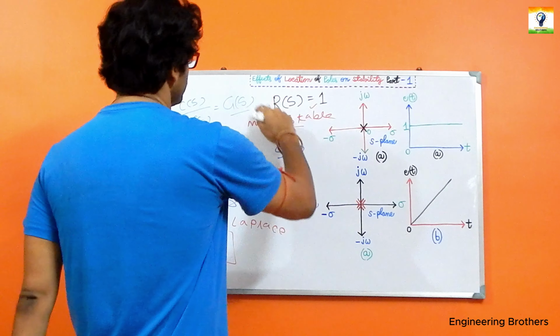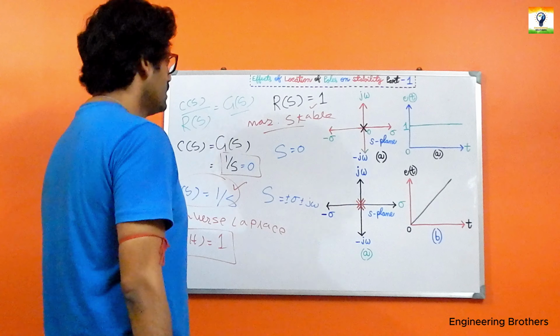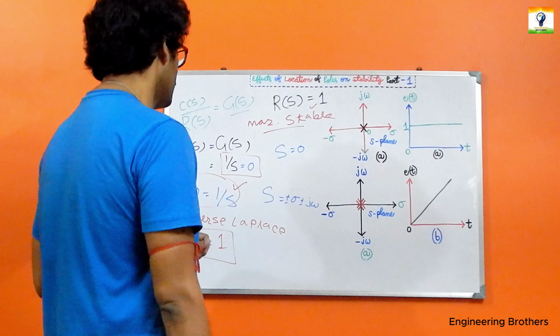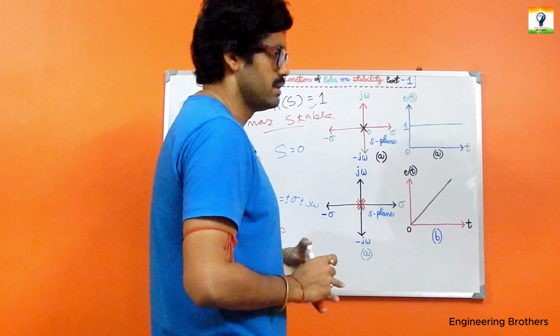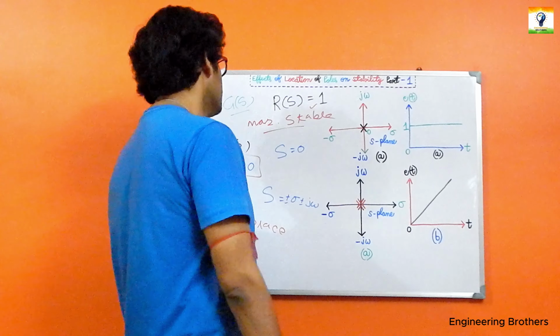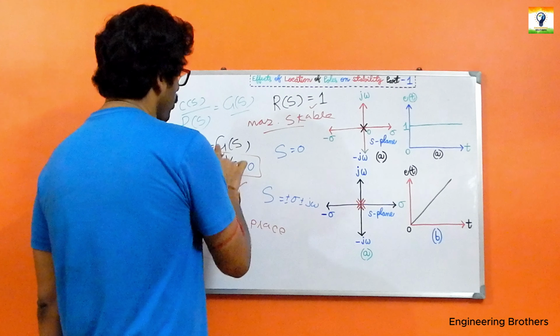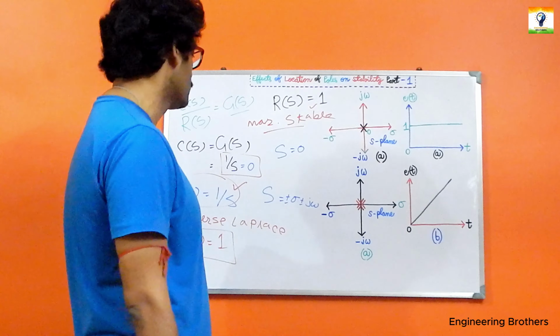If we put R(s) equal to 1, then we have C(s) equal to G(s), and the system has the transfer function 1/s. Why? Because we are considering the step input here, and if we plot the poles for our 1/s factor, we have this plot.